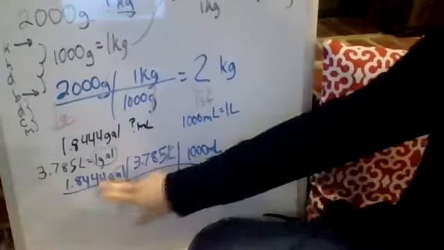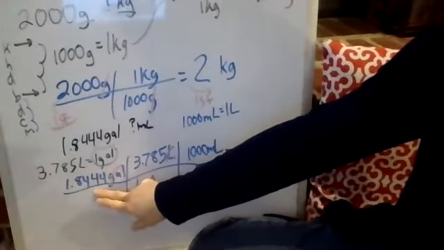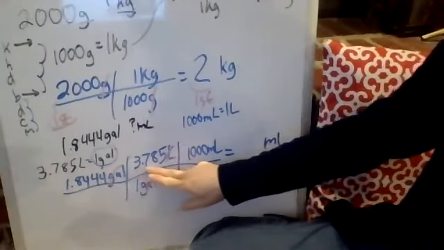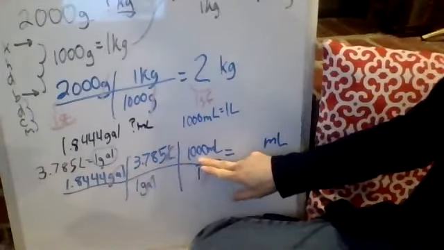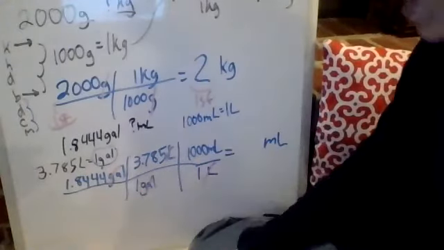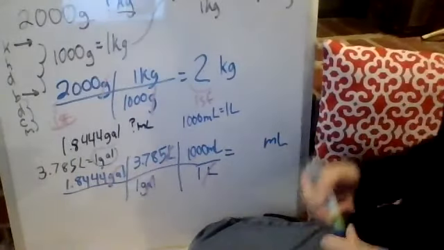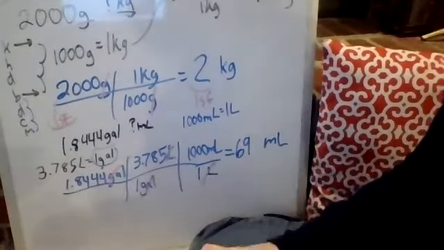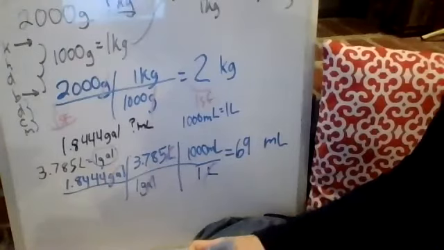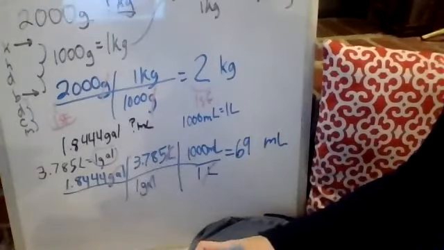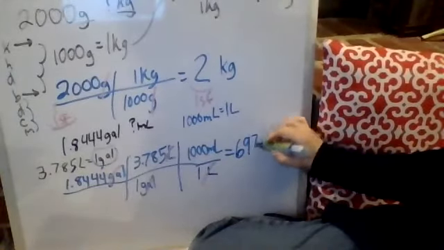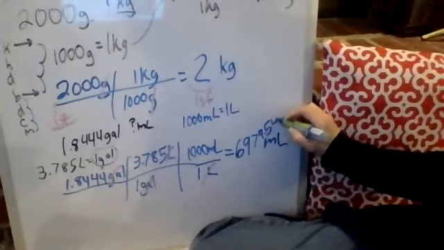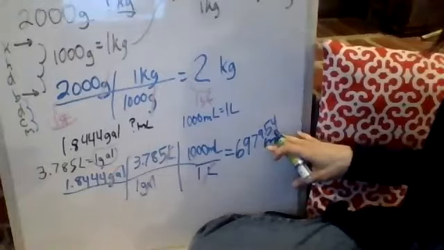Let's get our calculators out, and let's put in 1.844 times 3.785 times 1,000, and we get our answer of 6,979.54. That's what the calculator said.